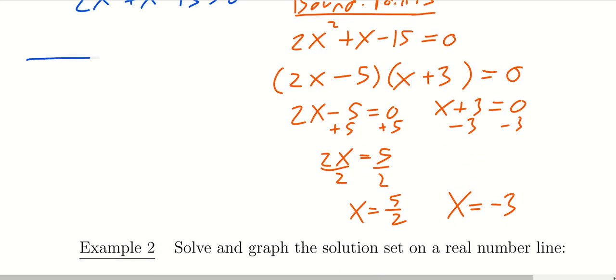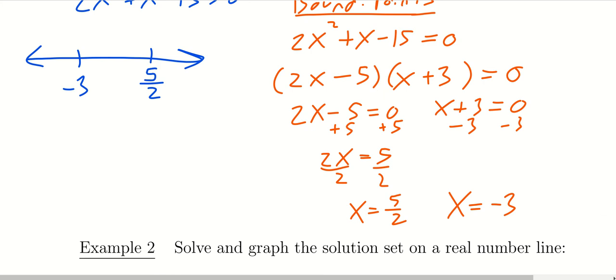Make sure you plot them in order, by the way. Going from left to right, the negative 3 would come first, and then 5 halves.